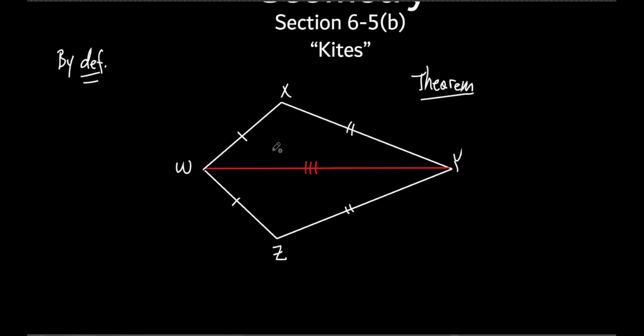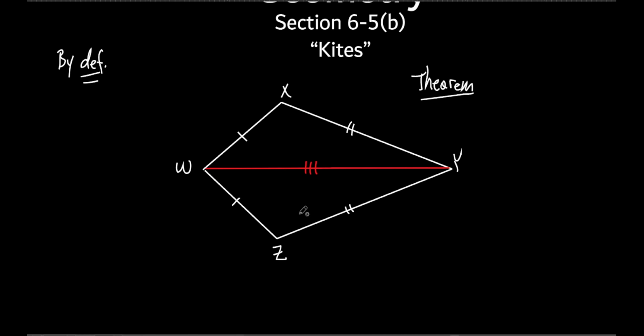Which means those two triangles, if I took them and I just folded them, right at that line, that's my fold mark right there, then X and Z would correspond to each other, wouldn't they? All right.